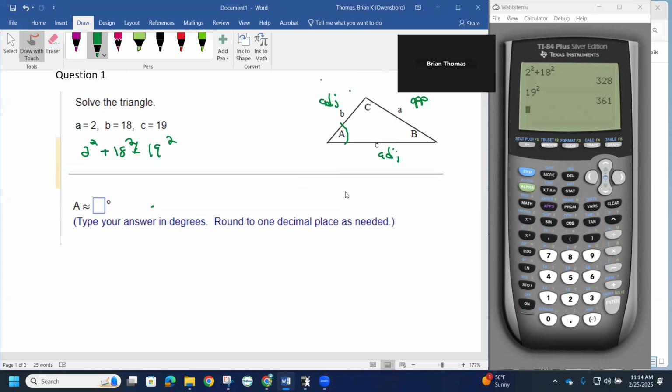So to find angle A, we're going to use the inverse cosine formula. So the inverse cosine, we're going to do the adjacent squared plus the adjacent squared minus the opposite squared. Then we're going to divide all that by 2 times the adjacent times the adjacent.